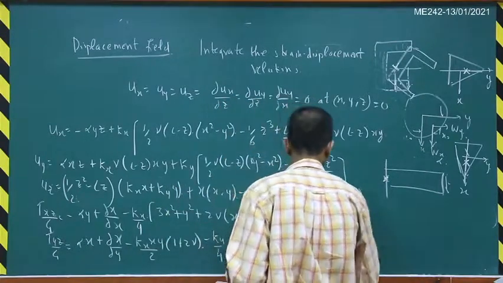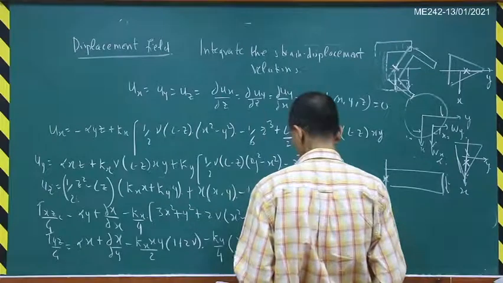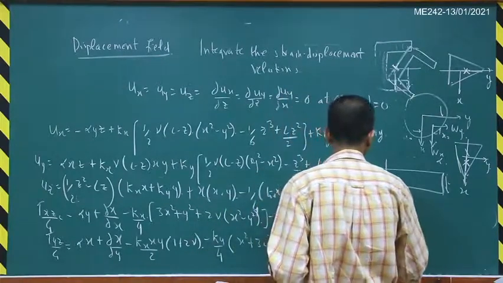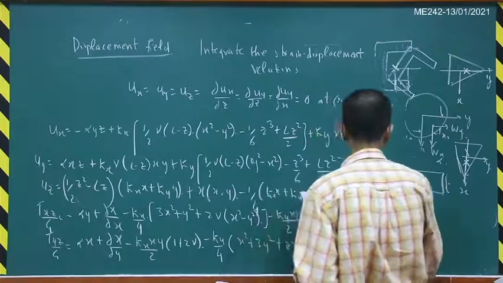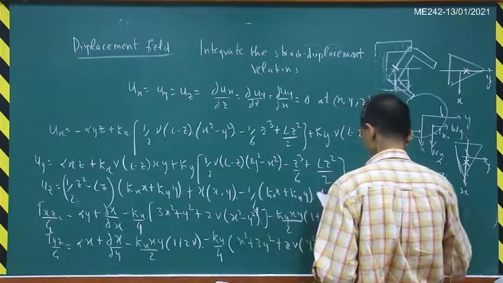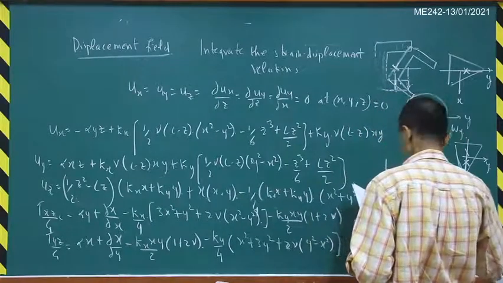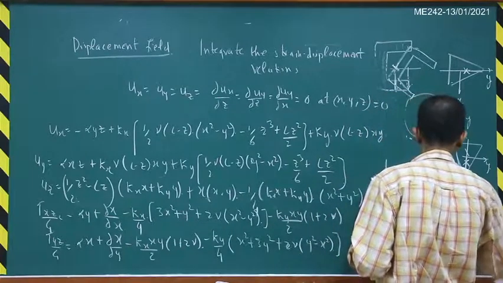So this is the expression for tau yz, and finally tau zz is equal to minus E times L minus z times kappa x x plus kappa y times y.